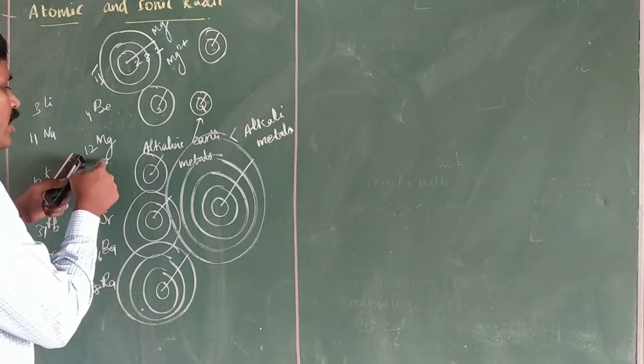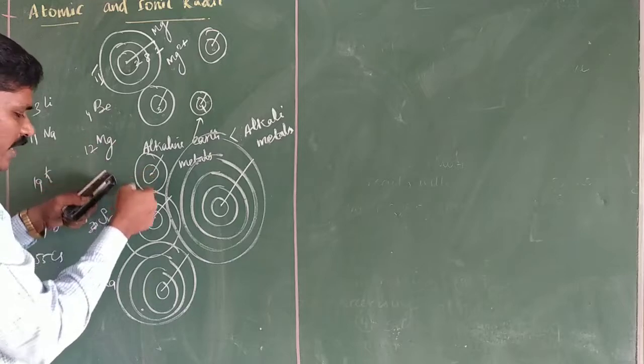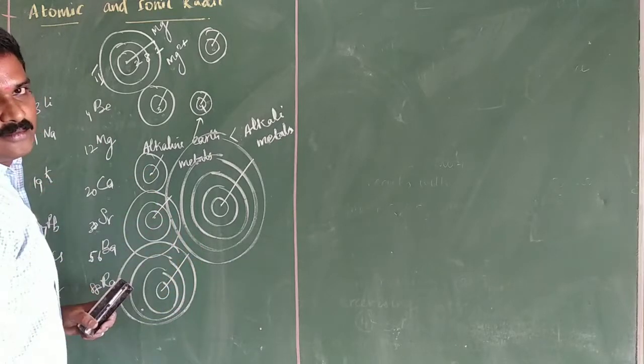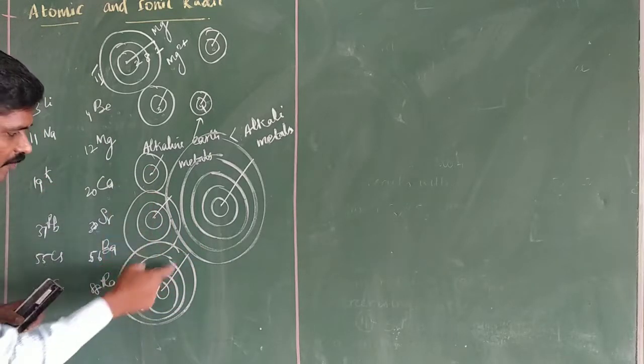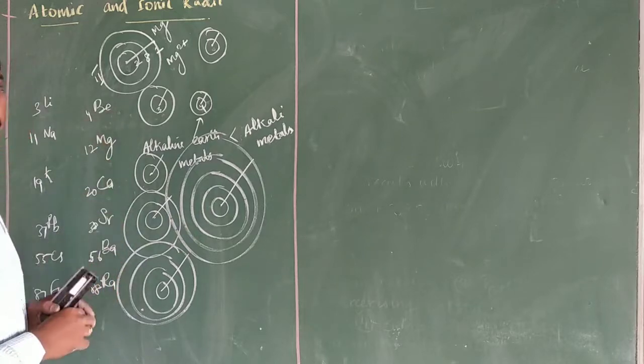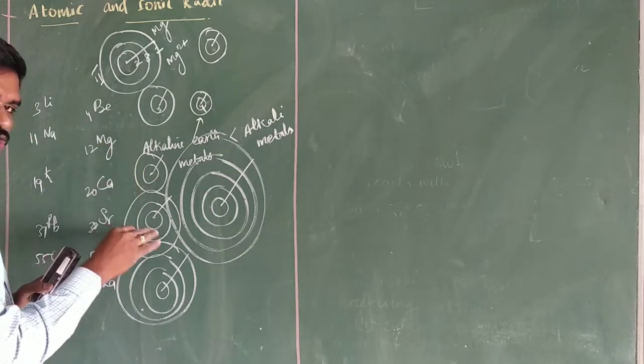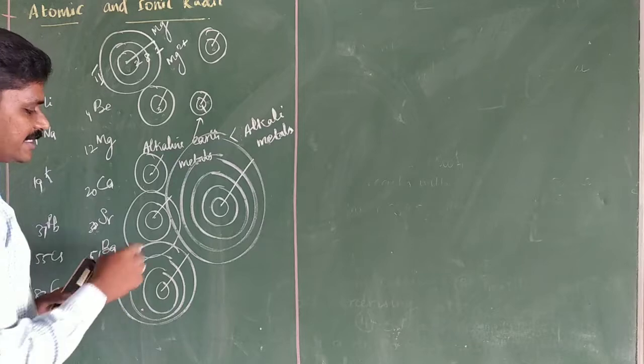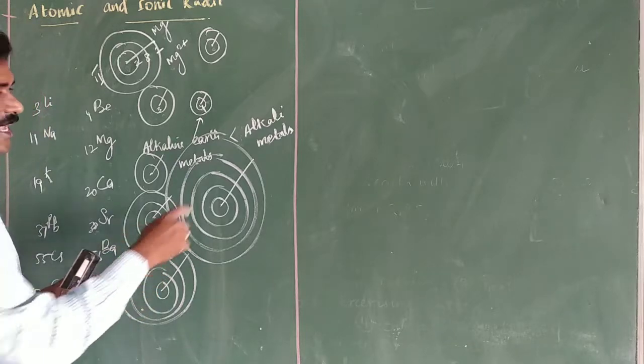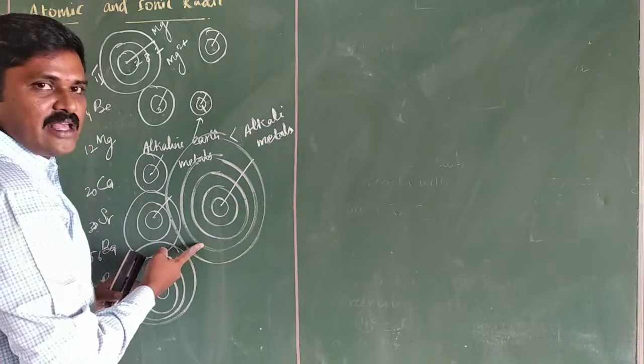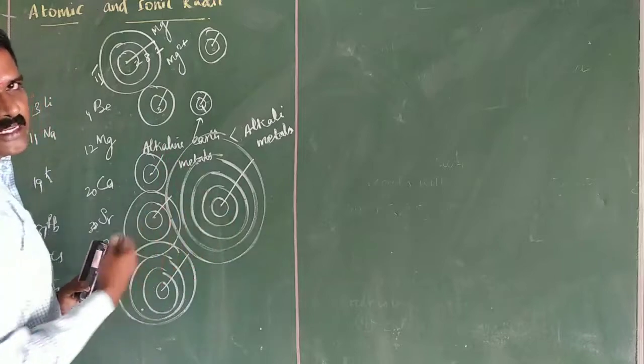This is due to the gradual addition of a new shell from top to bottom. The valence electron enters the new shell. The inner electrons increase, so the screening effect increases.